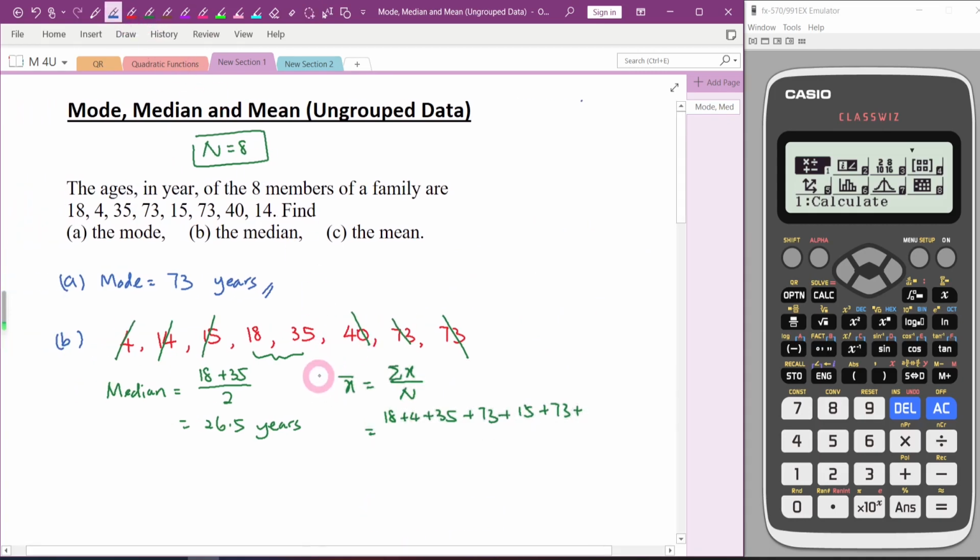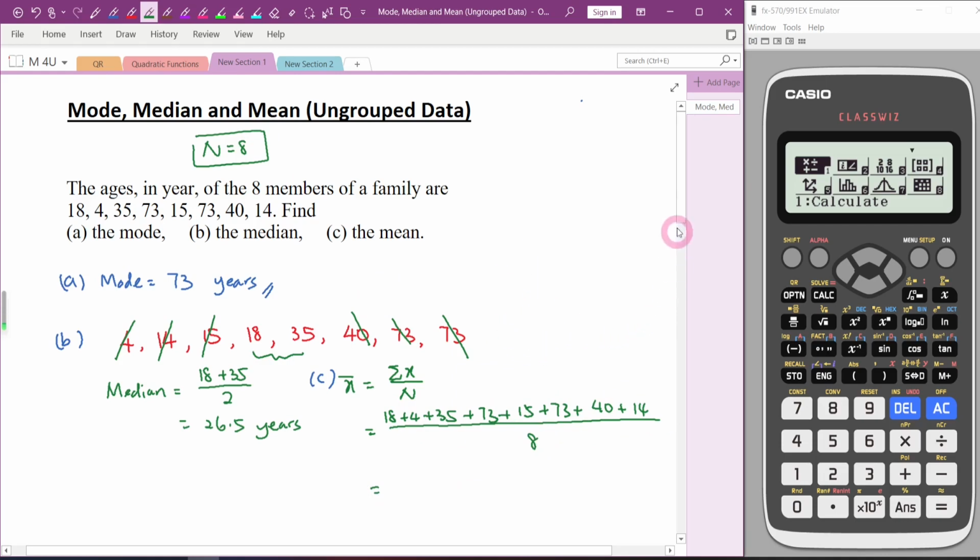This is C. 73 and 40 and 14. Let me double check. 1, 2, 3, 4, 5, 6, 7, 8. Okay. Divided by, since there are 8 data, I need to divide it by 8.